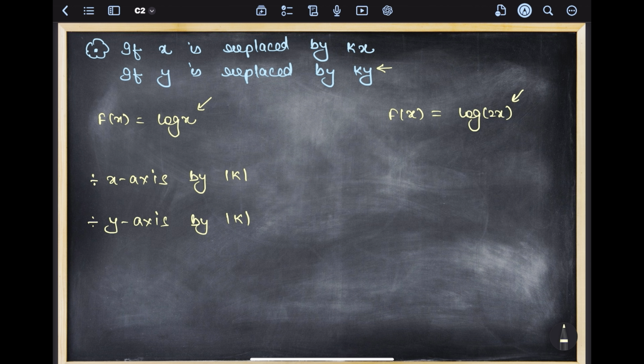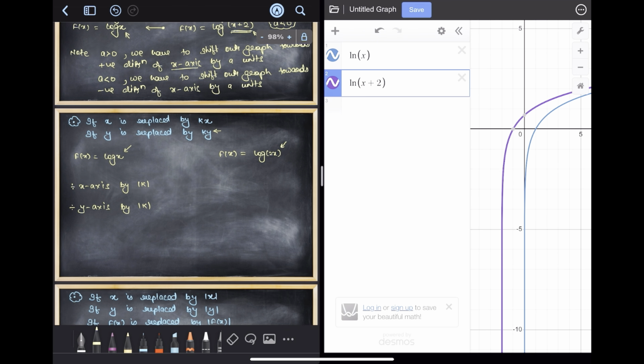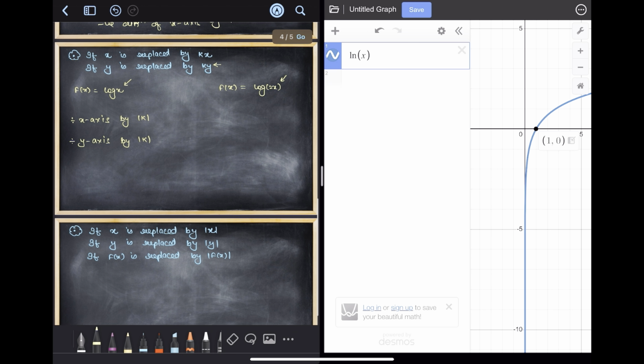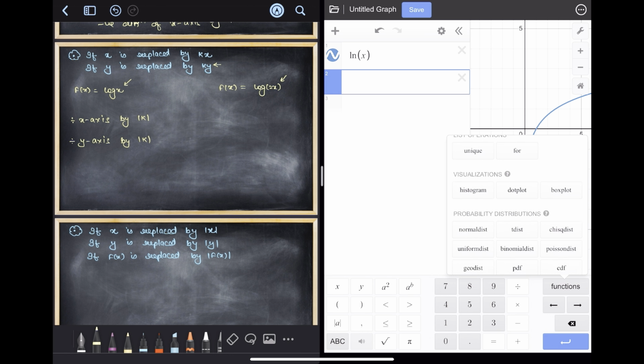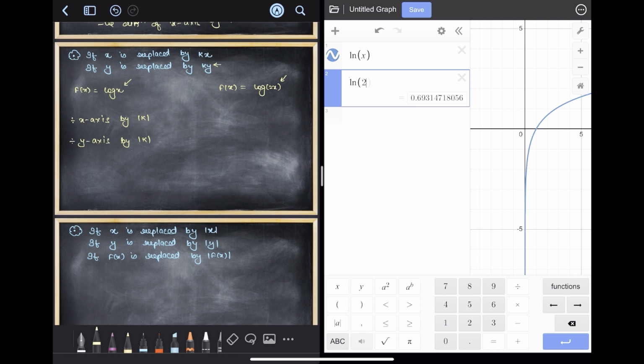Okay, let's check this over here. So look at here. You got your ln x. Look at this. Here we got 0 at 1. So if it is 2x, we think that we will get this 0 at 1 by 2. So the next function is, look at here, ln 2x.